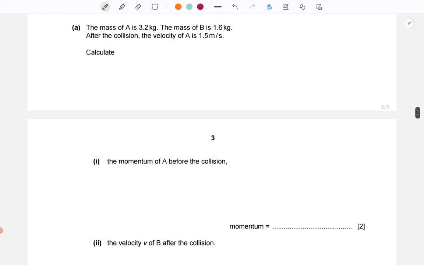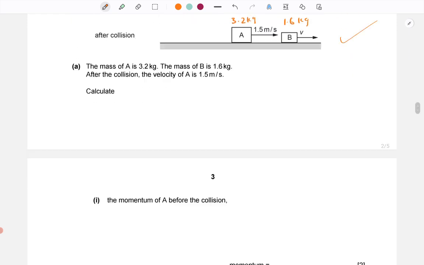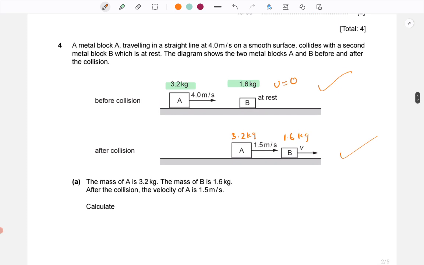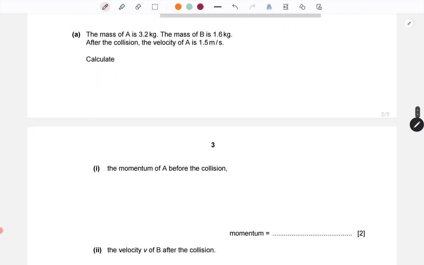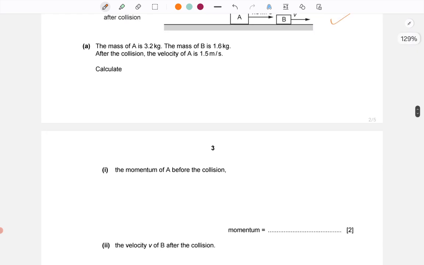So the momentum of A before the collision, right? We are talking about the momentum of A before collision, so we are going to take only these values. P is equal to mass times velocity. What is the mass of body A before collision?